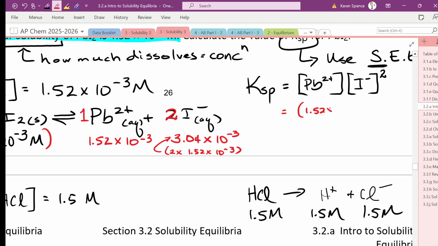1.52 times 10 to the negative 3 times 3.04 times 10 to the negative 3 squared.